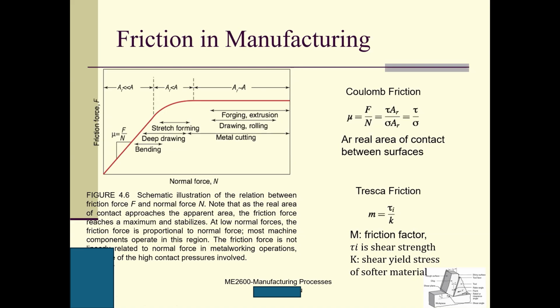And this k is the shear yield stress of the softer material, when these two materials are in contact. Sorry, this actually uses the same symbol. This is capital K and this is lowercase k. I'm talking about the same symbol. Sorry for the confusion.